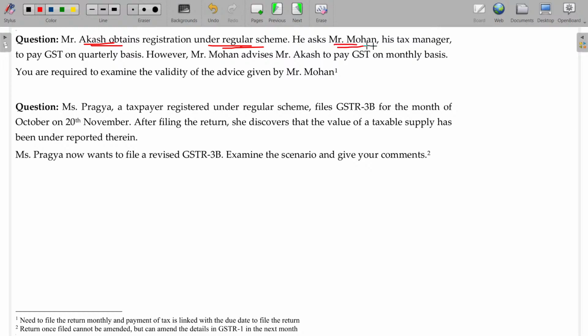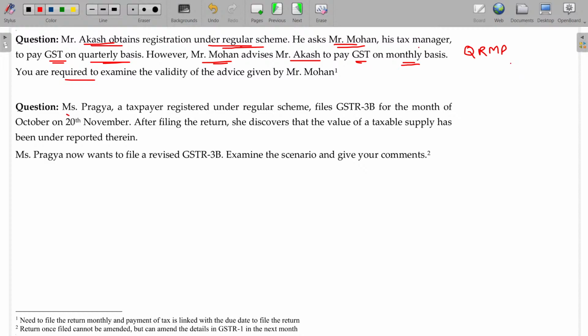He asks Mr. Mohan, his tax manager, to pay GST on a quarterly basis. However, Mr. Mohan advises Mr. Akash to pay the GST on a monthly basis. You are required to examine the validity. Yes, of course. Under the QRMP scheme, you can file quarterly once, but payment should be monthly once. Need to file return quarterly once, payment should be monthly once.